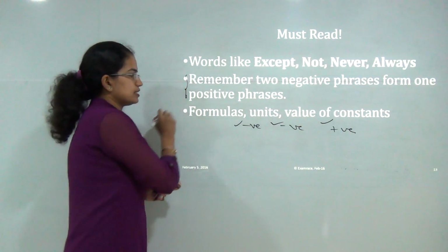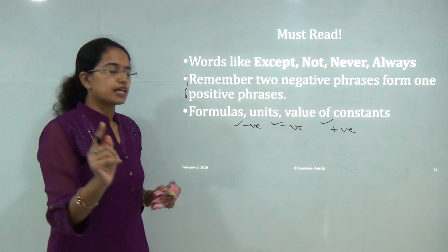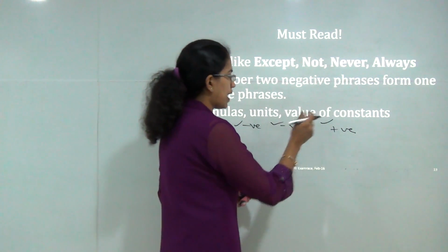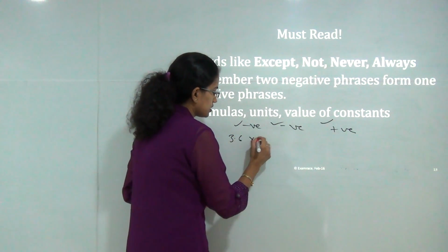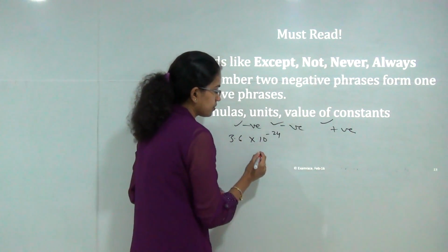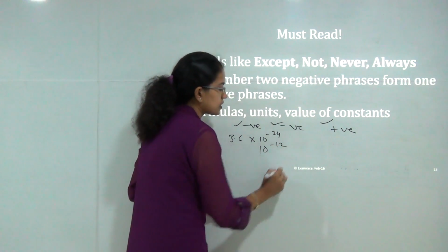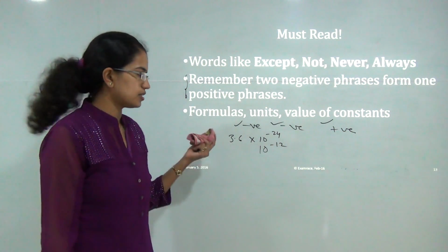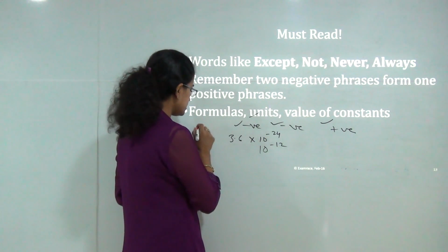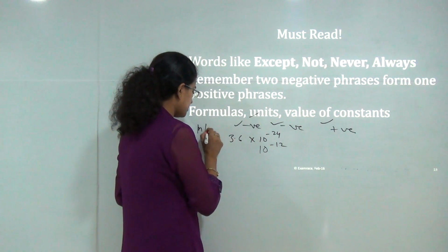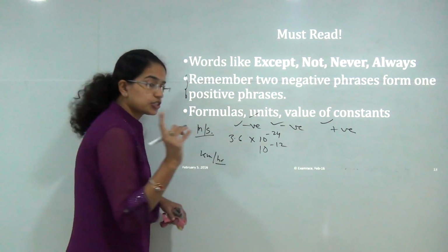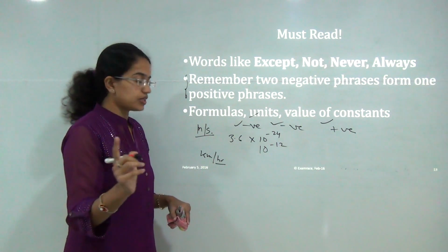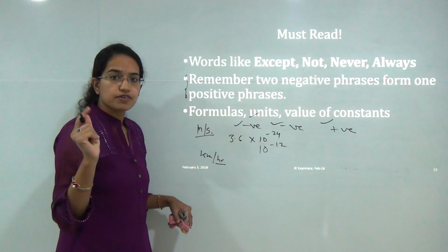So remember this, and then be very careful with formulas, units and values of constants. If the value of a constant is 3.6 into 10 raised to power minus 24, be careful that you remember it and are not confused with 10 raised to power minus 12 or something. For units, if it is meter per second throughout the question and the choices have kilometer per hour, make sure you are converting the units, because the examiners are very, very smart.